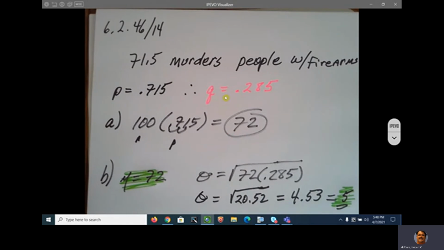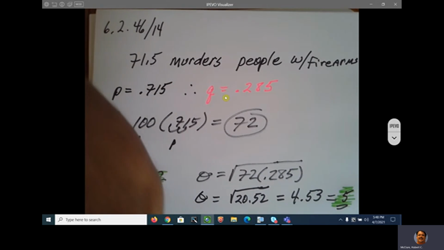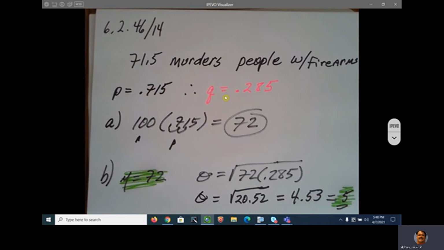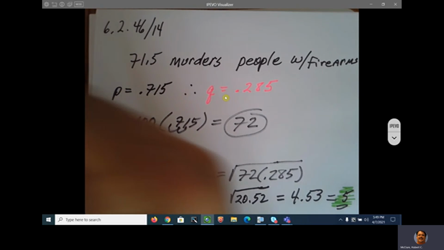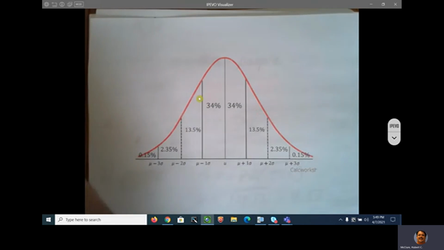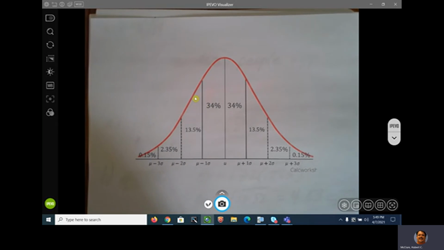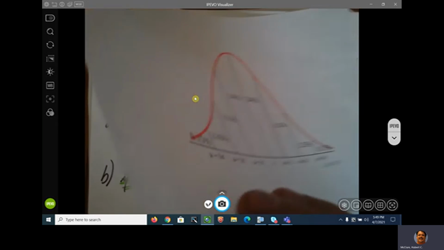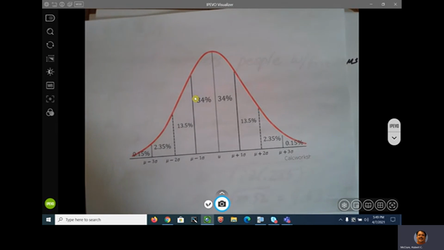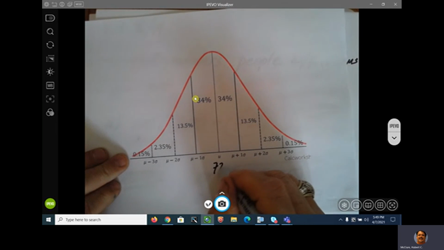Now I'm going to draw the curve, and I don't have to draw it because I've got my sheets that we made up in chapter 3. My mean is 72, and I've got a standard deviation of 5.